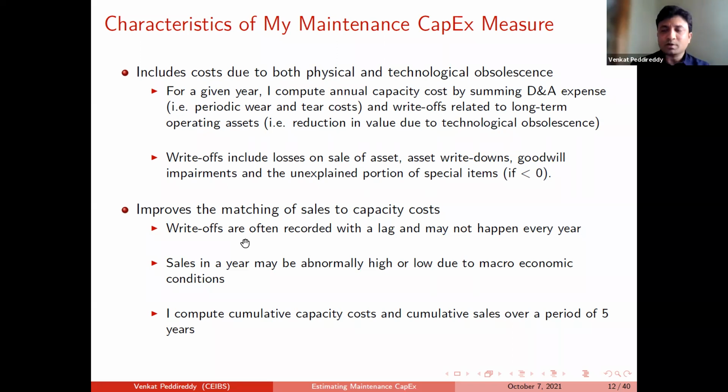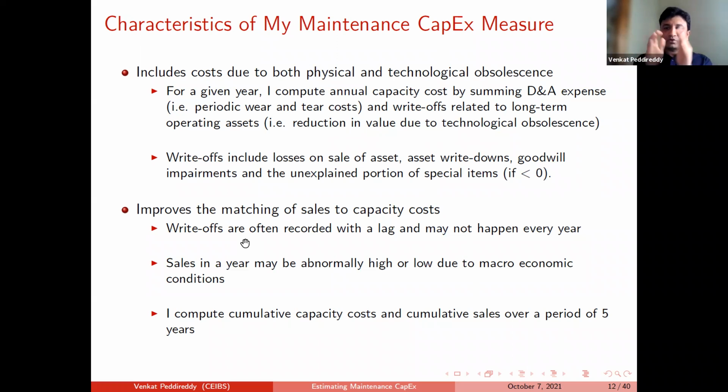So to that extent, if it is because of slow depreciation, you could argue that you're catching up. Actually, you're just making up for the low depreciation. It need not be specifically technological obsolescence, but it is still a cost which has to be allocated. So in this paper, I'm not able to segregate exactly what is the wear and tear cost and what is the technological obsolescence cost.